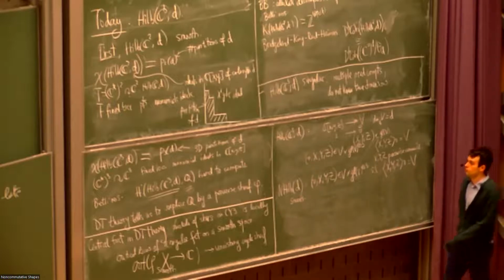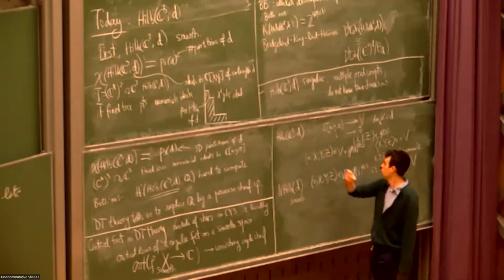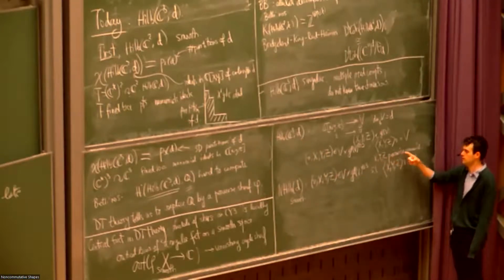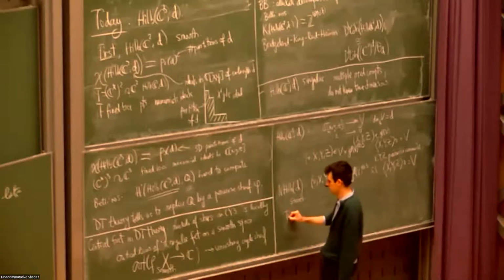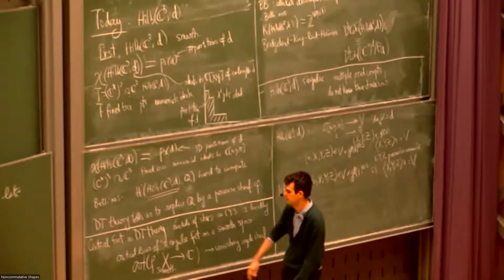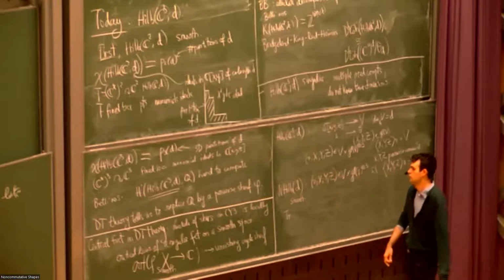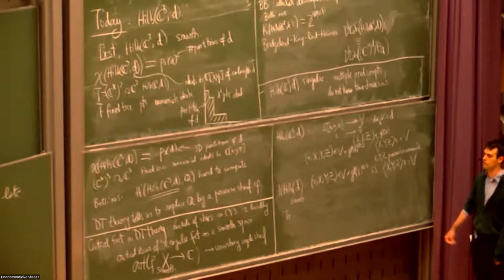And now to realize the Hilbert scheme of points, we need to add the condition that X, Y, and Z pairwise commute. So to do this, this central fact in DT theory tells us we should write this as the critical locus of a function.